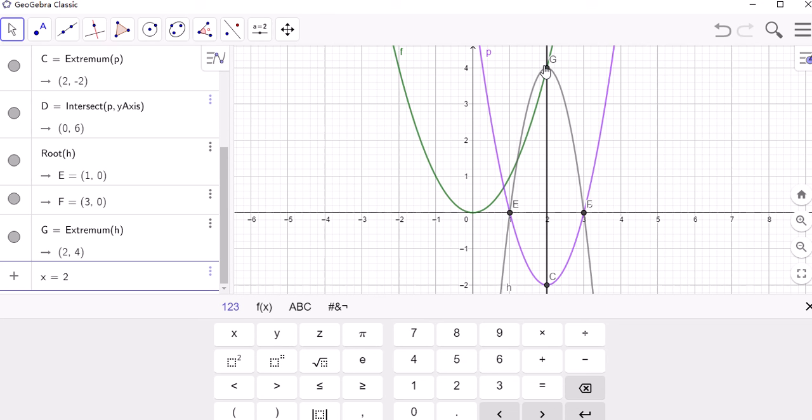And the difference is that they have different vertices, but they have the same roots and the same axis of symmetry, x equal 2.